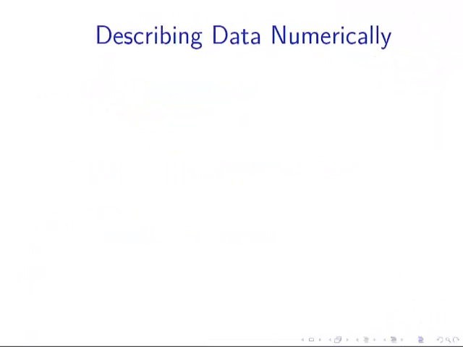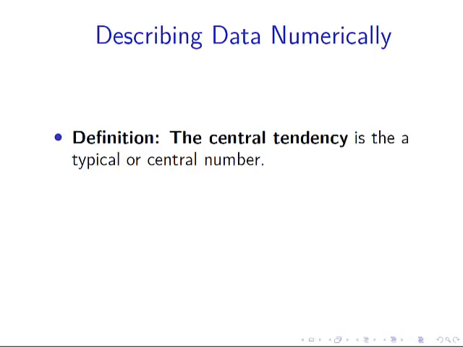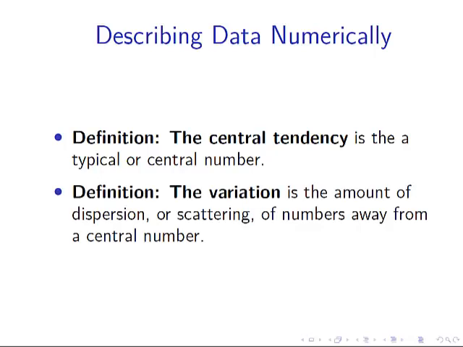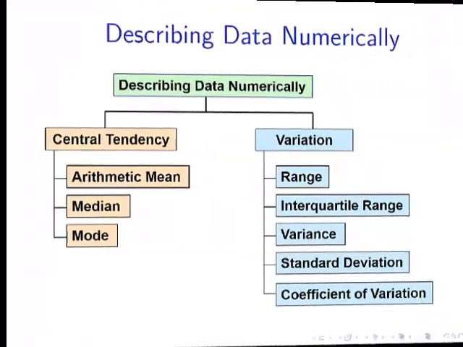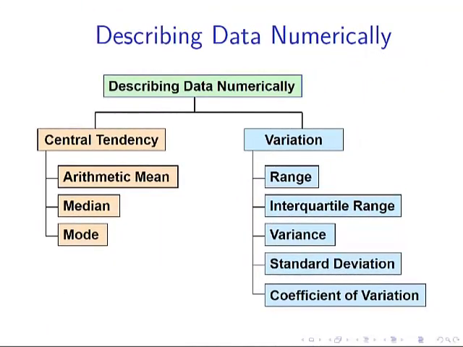Describing data numerically, we will learn in two parts, by central tendency and by variation. Central tendency is the typical or central numbers. Variation is the amount of dispersion or scattering of numbers away from a central number. Here are measures for central tendency and variation.